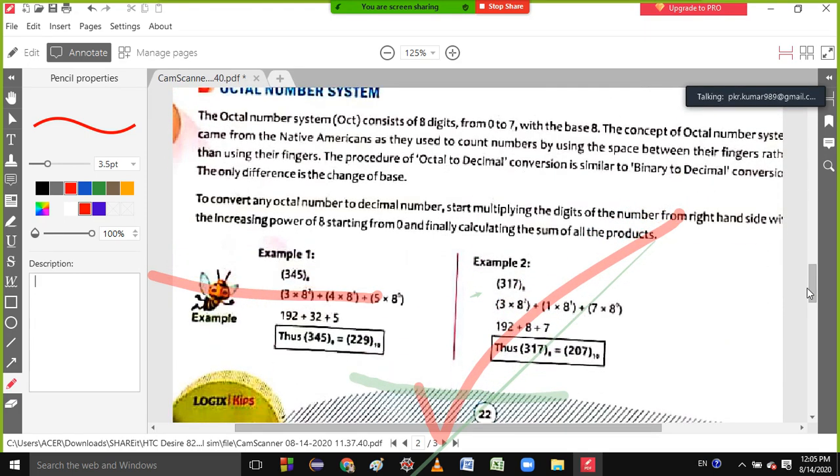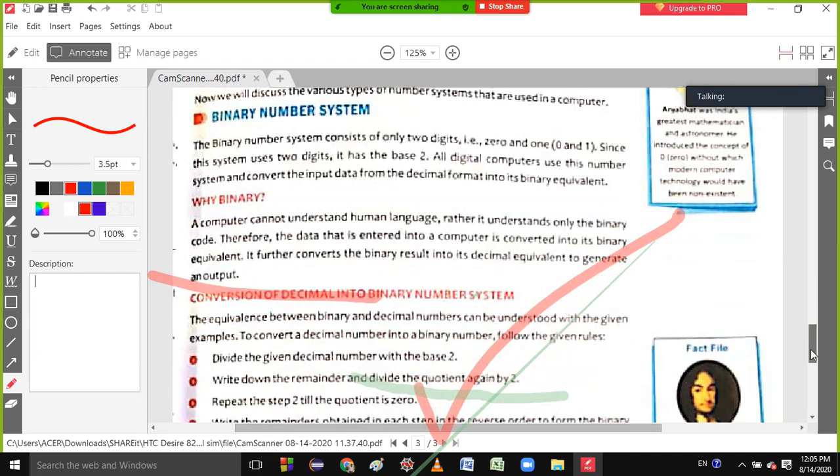Next come to the octal number. Students, are you listening to me? Okay, next come to the binary number, students. So what are the binary numbers? Basically, binary numbers are made of only 2 digits.